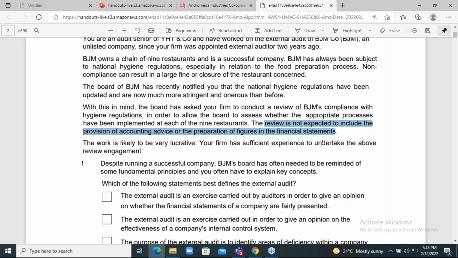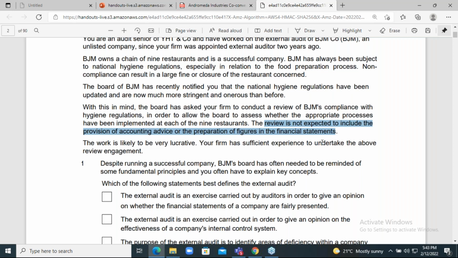So if we provide a review engagement, it will not have any impact on the preparation of figures in the financial statement. Our work will not be shown or included in the financial statement. So if we have not worked on any head of the financial statement and we are working as an external auditor, then there is no self-review threat.